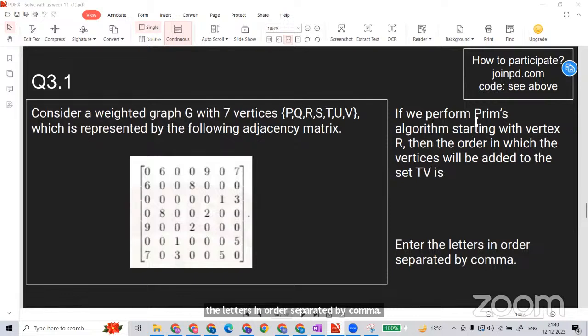So if you perform Prim's algorithm, start with the vertex R. First we have to find the graph, and then in which order we'll perform.